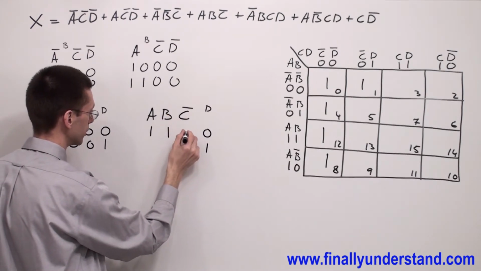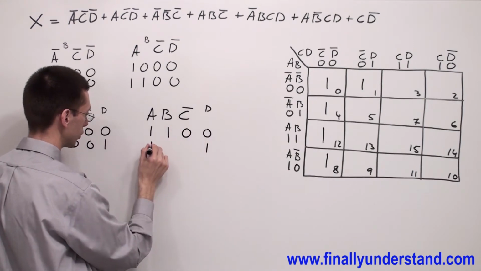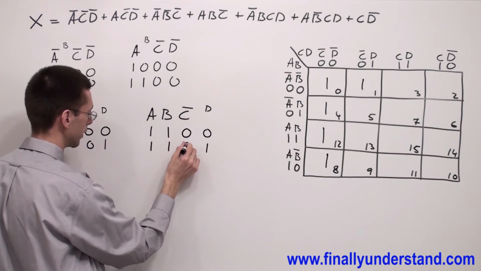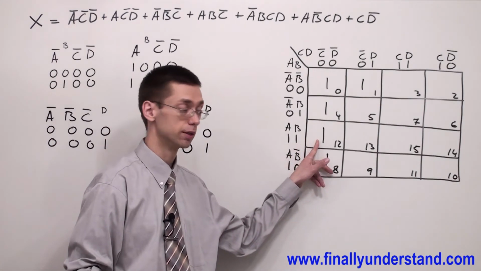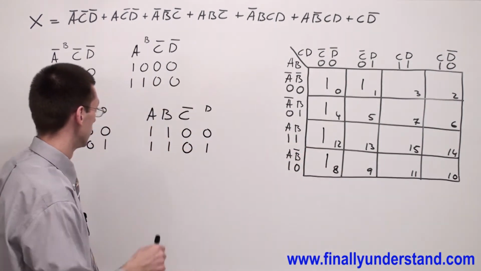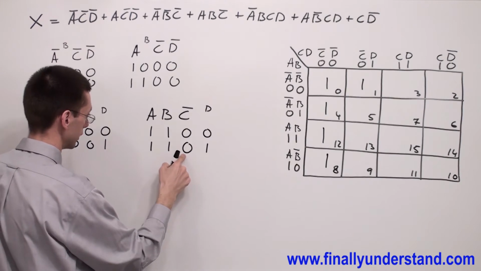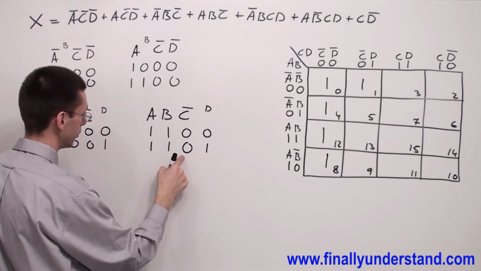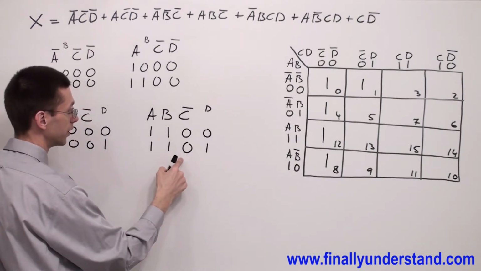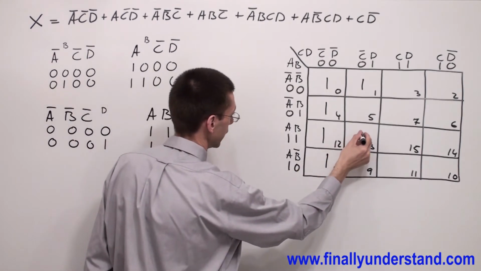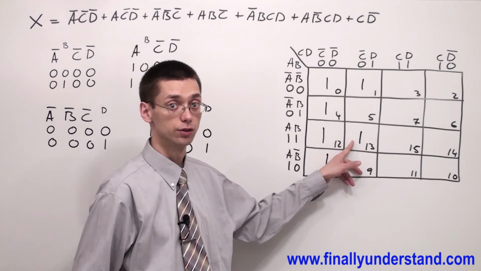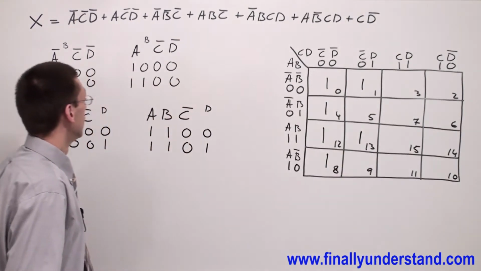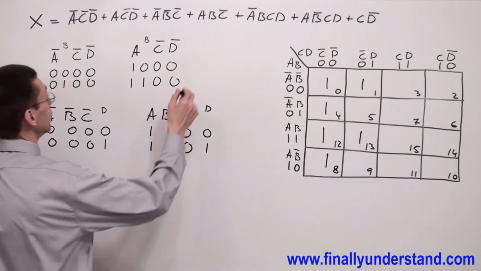C naught represents 0. So I have 1, 1, 0. This is binary 12. We already marked binary 12, so I'm going to go to the other binary number. I have 1, 1, 0, 1. This is binary 13, so I'm going to write 1 in cell number 13. I'm finished with this one.